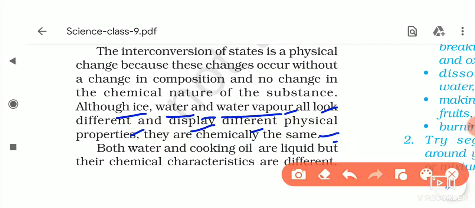They look different, but there is no change in their chemical nature. That's why these are physical properties. Conversions like melting and boiling are called physical changes.